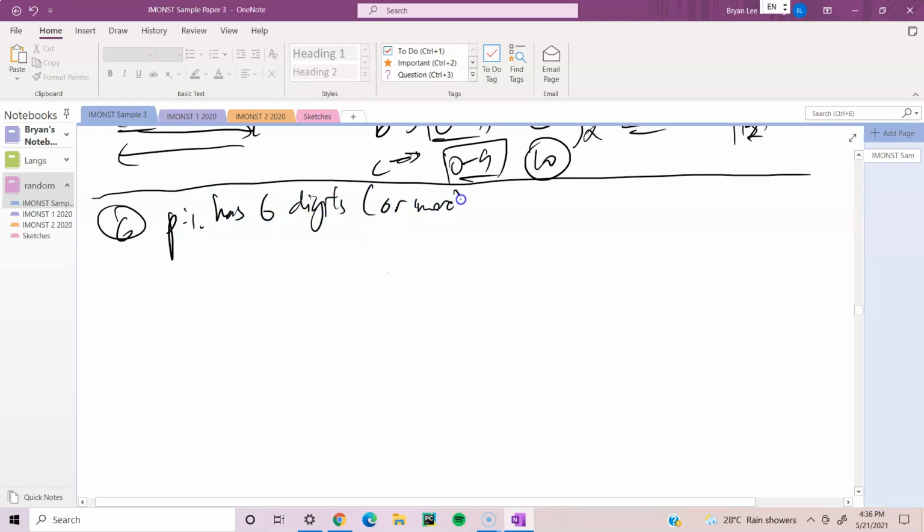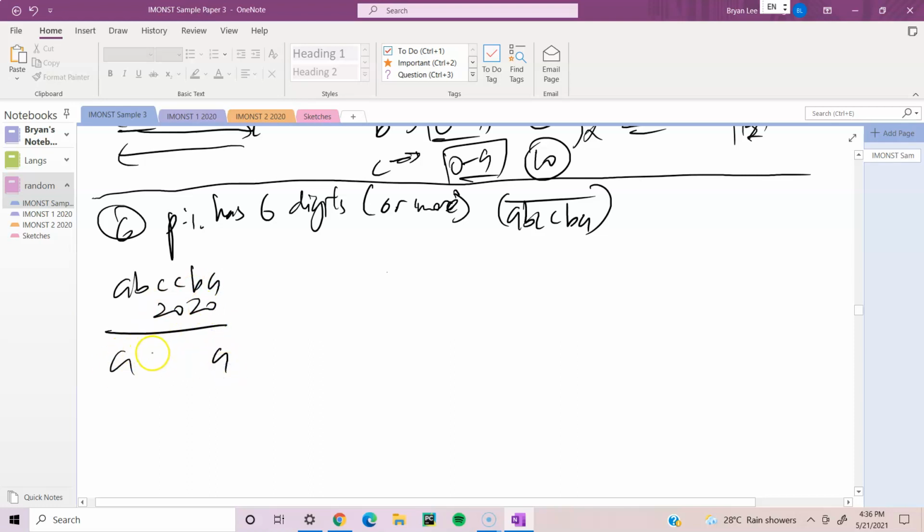This would be represented in the form of A, B, C, C, B, A. So A, B, C, C, B, A plus 2020 would give us something like A, B, C plus 2, C, B plus 2, and A. But if read from back to front, it will give us A, B plus 2, C, C plus 2, B, A. As you can see, those are not the same.